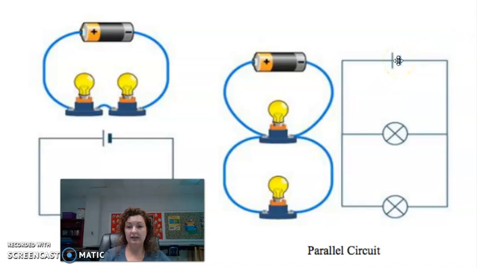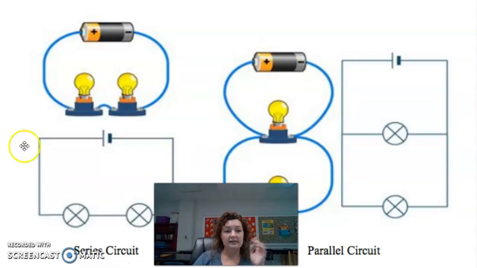So if I start at my negative, which is my little end here on my battery, and I go around, well, that's one pathway to make it back to my battery, but I can go a second pathway as well to make it back to my battery. So two pathways or more makes it parallel. Same thing here. I can go around one, or I can go two, right there. So that's the difference, series and parallel basics.